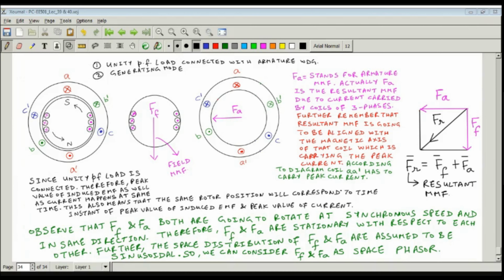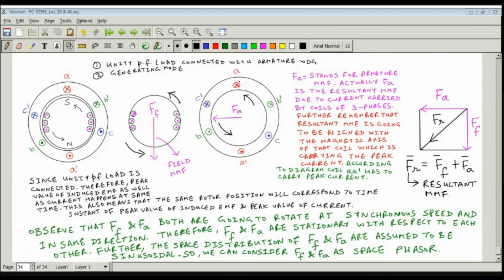Now, in which direction is the rotor rotating? In anti-clockwise direction. So obviously this MMF is rotating in anti-clockwise direction. Listen carefully.